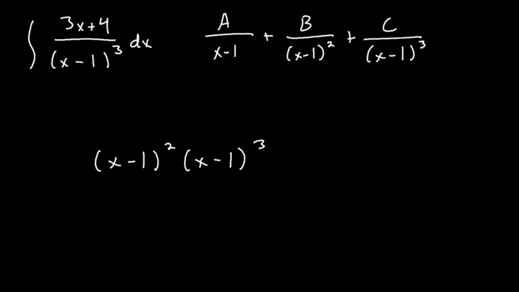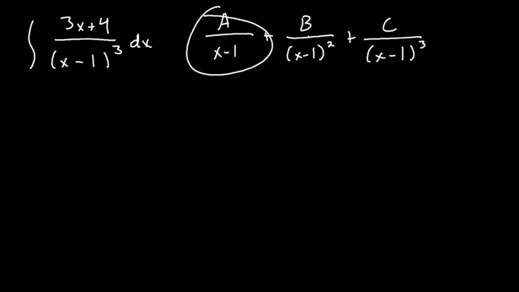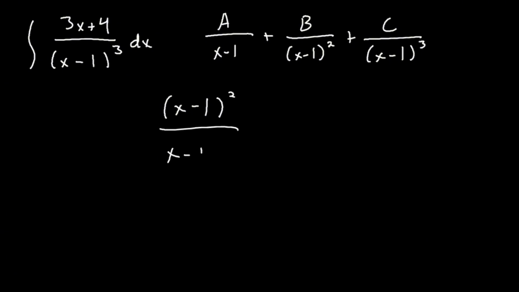All right, now we need to multiply each of these fractions so that the denominator is equal to the original function. Well, in order to multiply x minus 1 to get x minus 1 cubed, you need to multiply by x minus 1 squared over x minus 1 squared times a over x minus 1.